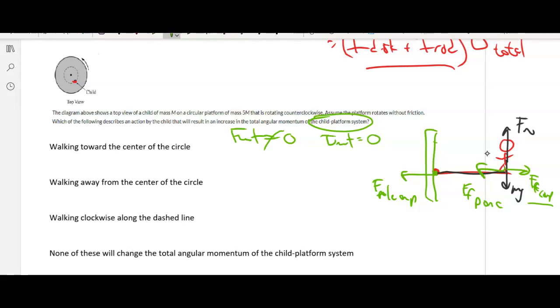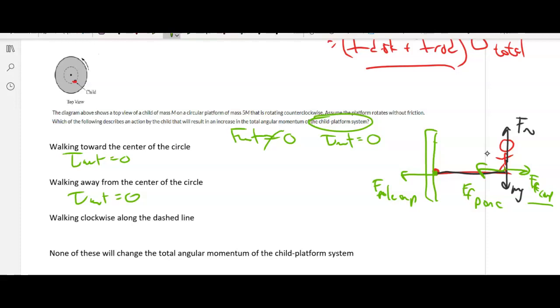So walking towards the center, the person may speed up or slow down, but the angular momentum is conserved because torque net equals 0. Walking away from the center. Well, that's going to be all these forces, except a couple of the directions are going to be flipped. Okay? This force here on the pole would be to the right. But again, your torque net equals 0.